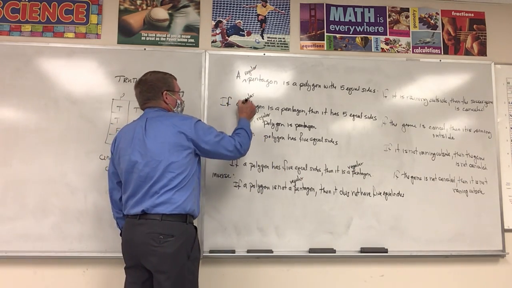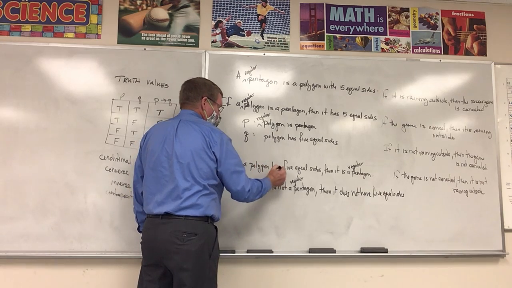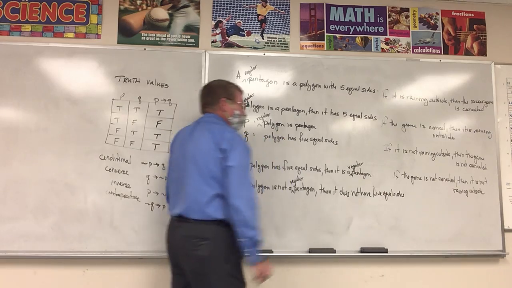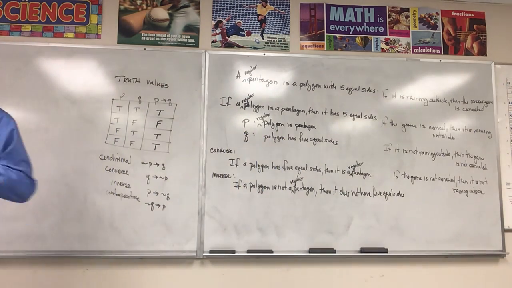Because a pentagon doesn't have to have 5 equal sides. A regular pentagon will have 5 equal sides. So what is a regular polygon? Some of those it's a regular pentagon, some it's a regular polygon.